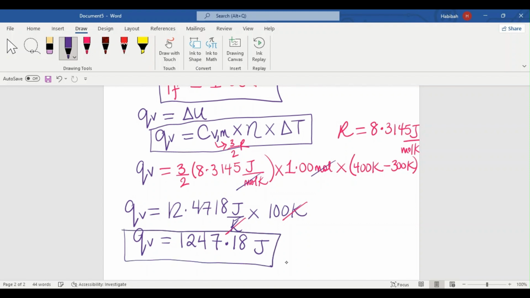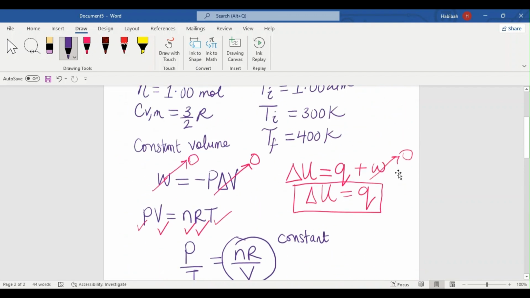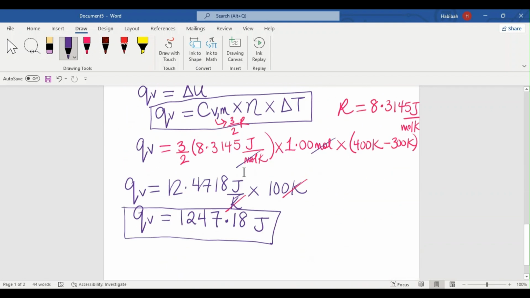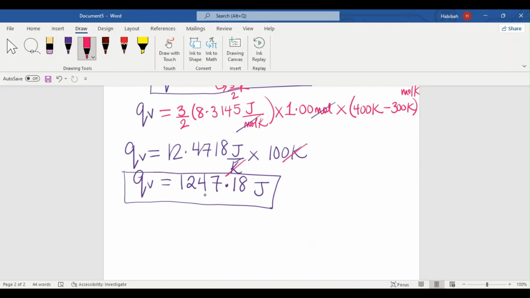But the issue is that we cannot put this in chemistry, mainly because we have to put things in the proper number of significant figures. So we're going to go back and see how many sig figs are in this question, just like we did for the final pressure solution. We see that it's 3 sig figs that we're supposed to use. So the heat at constant volume would be 1.24, but then we have the 7 here, so we're going to round up.